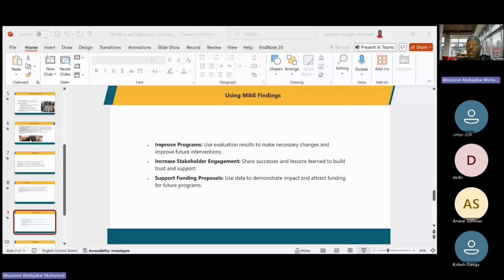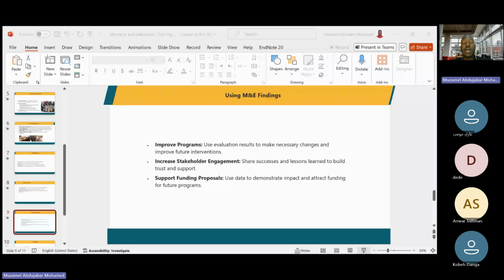You can evaluate yourself after implementing the former project. You may have made some mistakes, or there are some points which you did not cover well. When you evaluate yourself and find you have some mistakes, you can use this lesson in future programs.